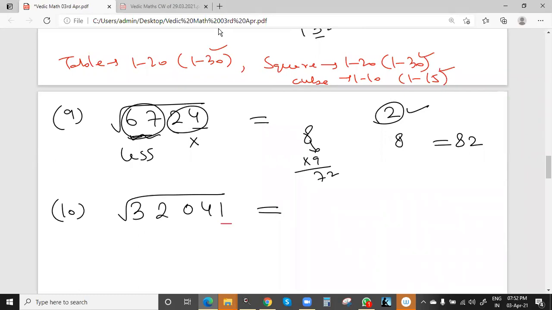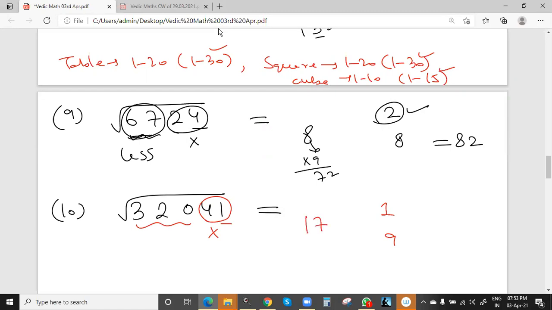Now we have this ending with 1, it can be 1 or 9 because 9 square is 81, 1 square is 1. Now we'll ignore these two values and focus on 320. 17 square is 289, 18 square is 324. So 18 square is 324, just more than 320.